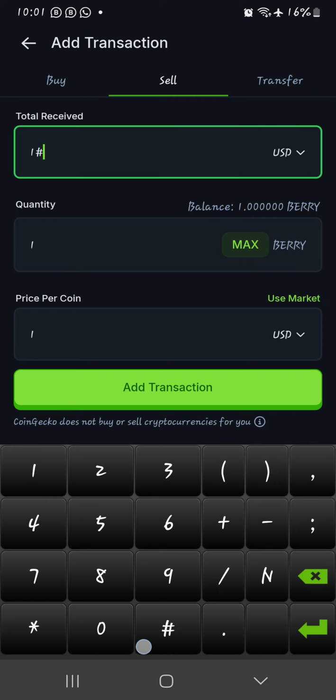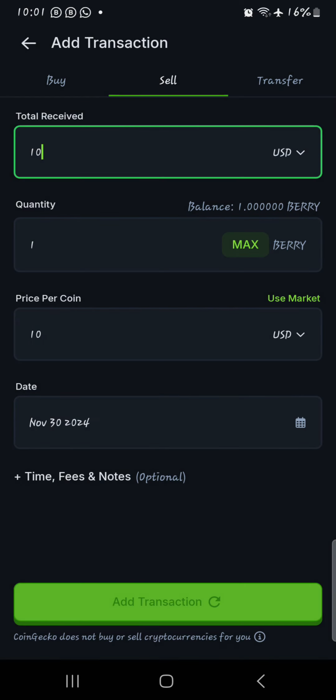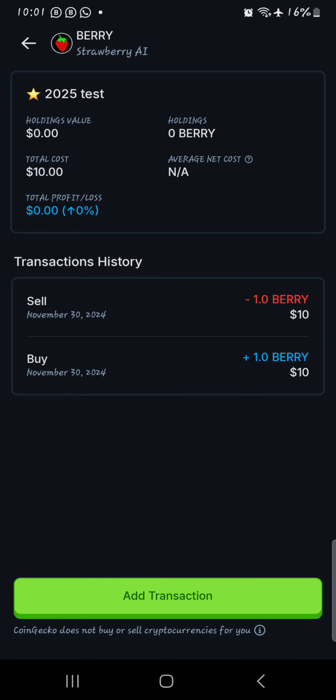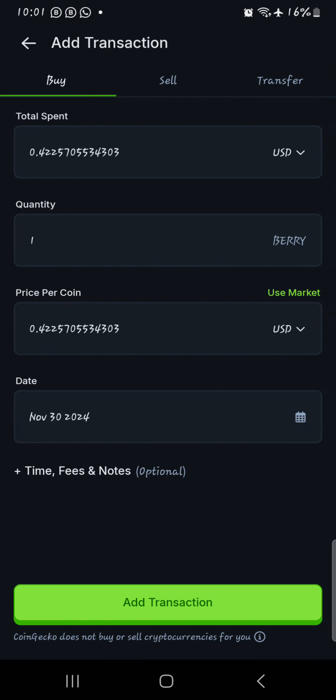Sell at 10. Okay. So good. Profit and loss remain the same. Otherwise, even if you do that and try and sell at current price, it will always note that loss for you.